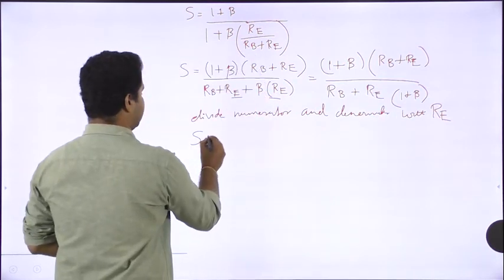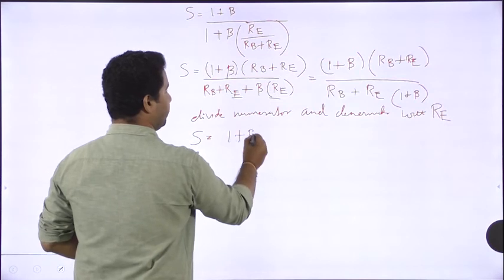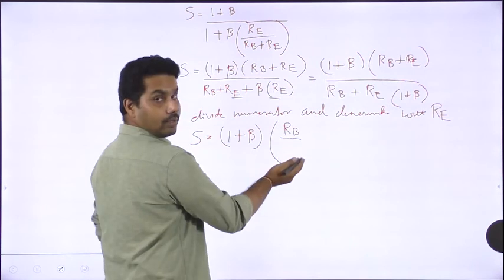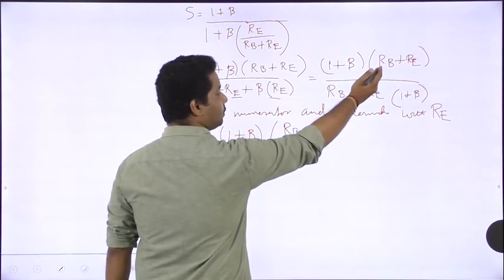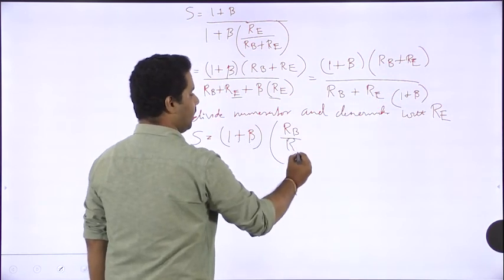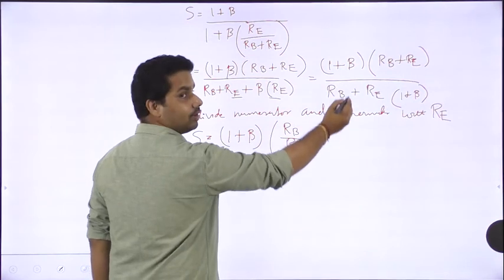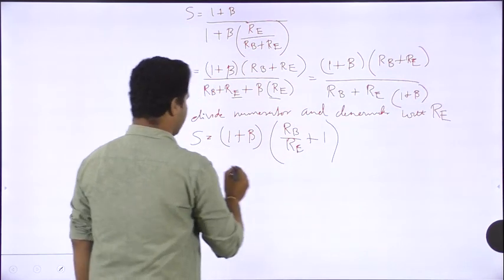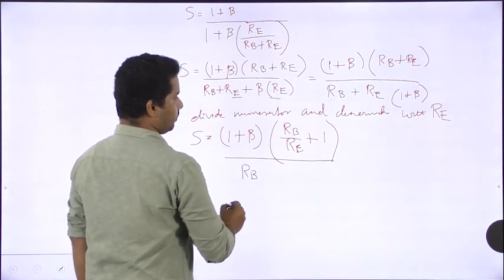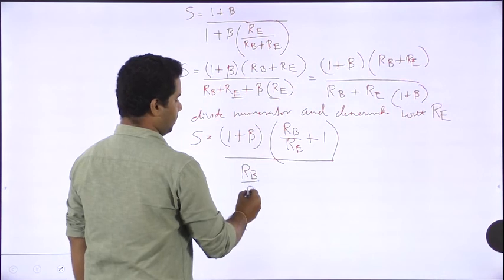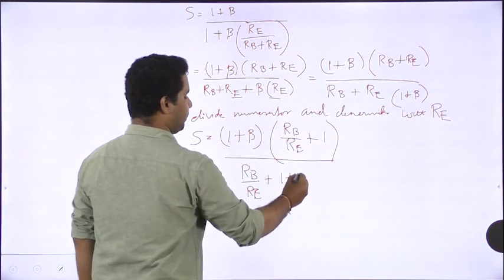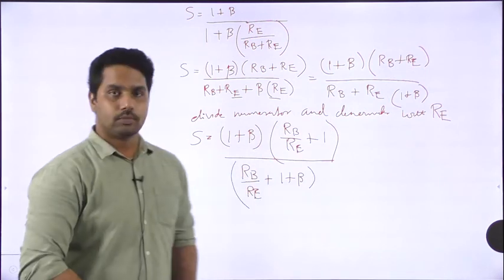I will write that stability factor is equal to 1 plus beta multiplied with RB divided, I am taking that divide here in the numerator also with what? RE, denominator also with RE. So it will be RB by RE plus RE by RE will be what? 1, divided by here RB divided by RE plus RE by RE will be 1. So 1 plus beta. Okay.